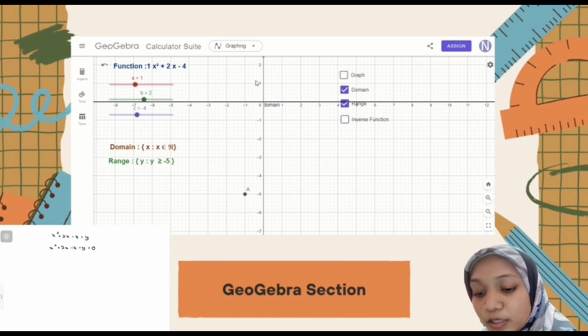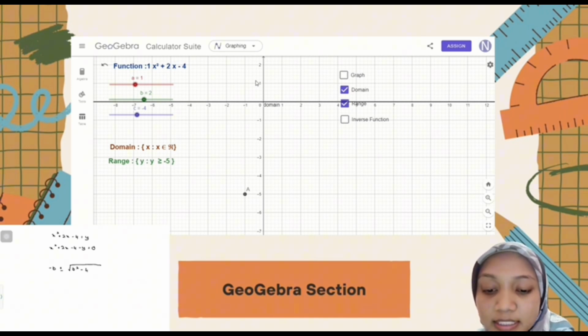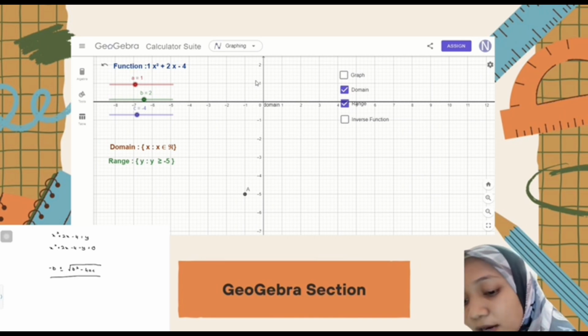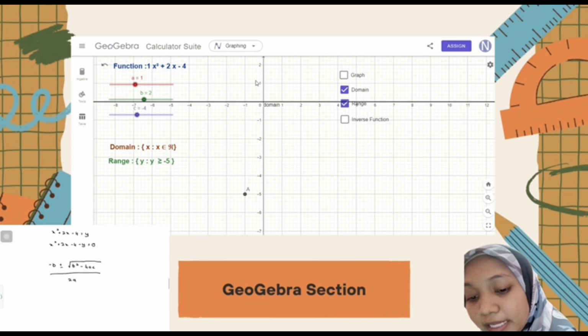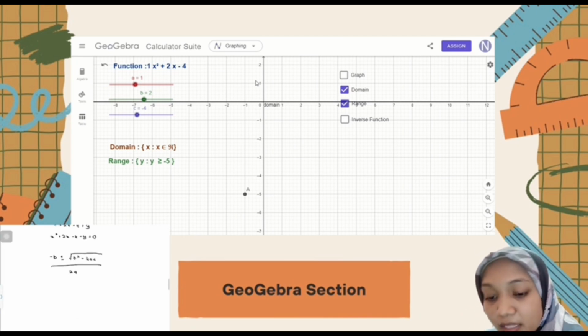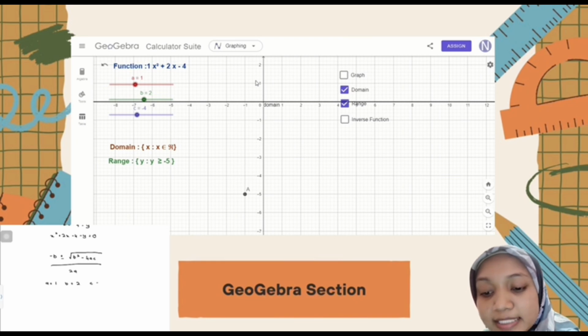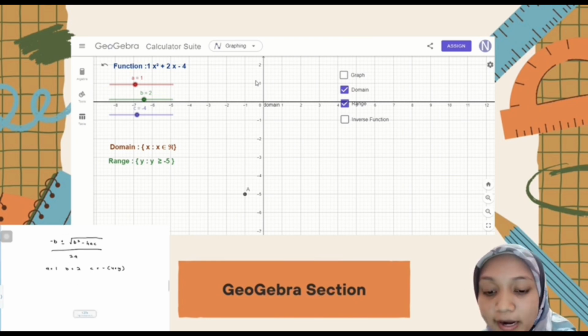So we use the formula negative b plus minus square root of b squared minus 4ac over 2a. We identify A, B and C. A is 1, B is 2 and C is negative 4 minus y.